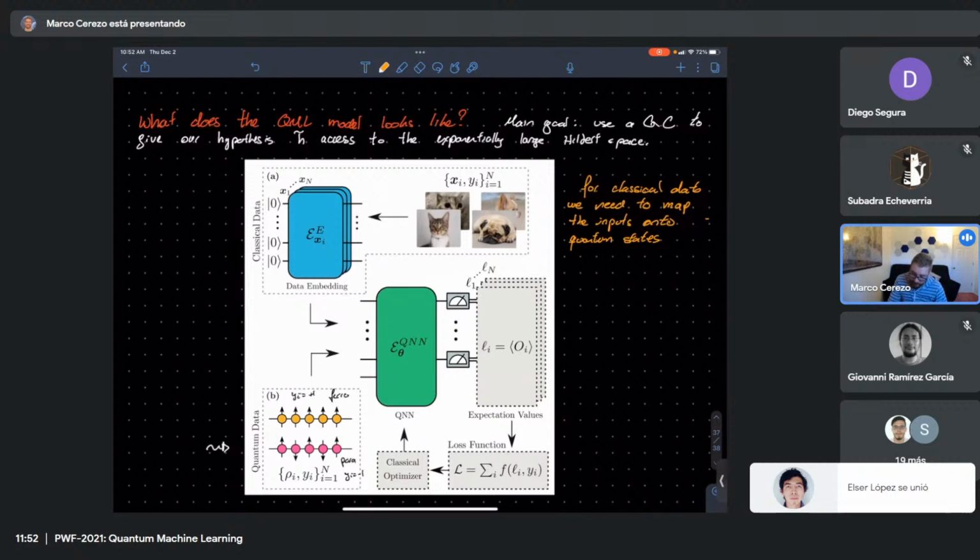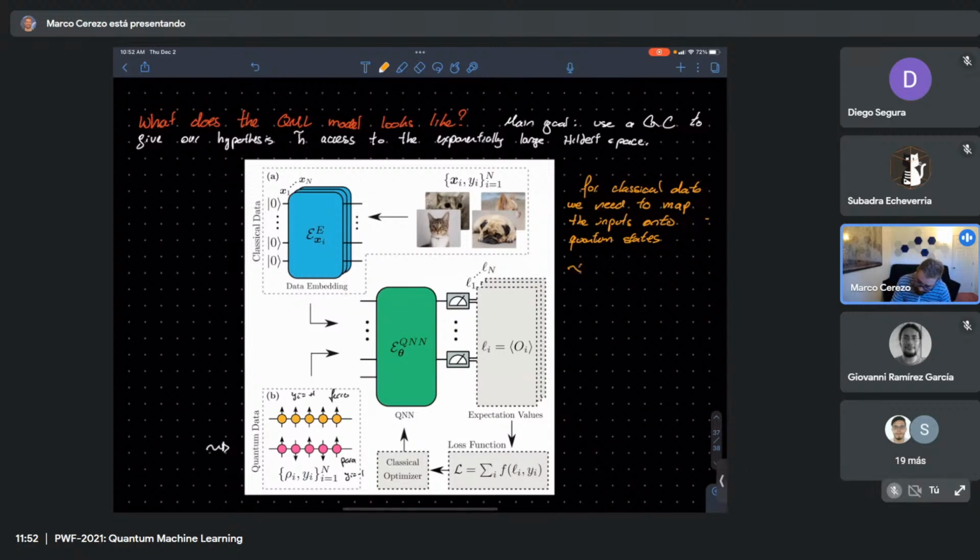So we have to have a way to take, for instance, a real valued vector and put it inside of a quantum state. This should be rho that depends on this vector x_i, right? And I think that this is the first thing that we're going to start studying. We're going to start analyzing different ways in which we can do this.